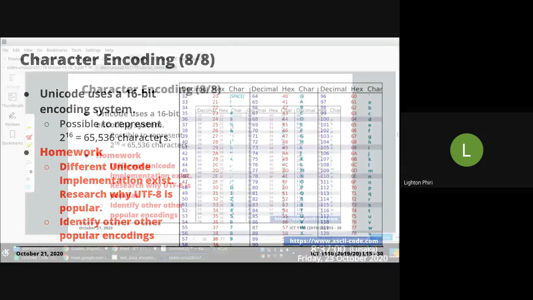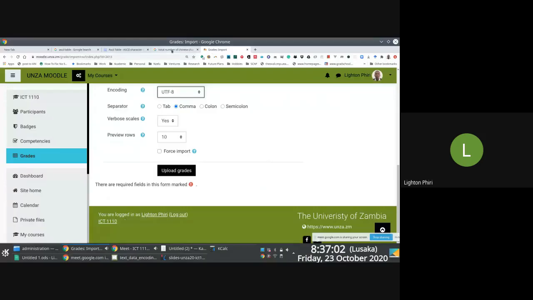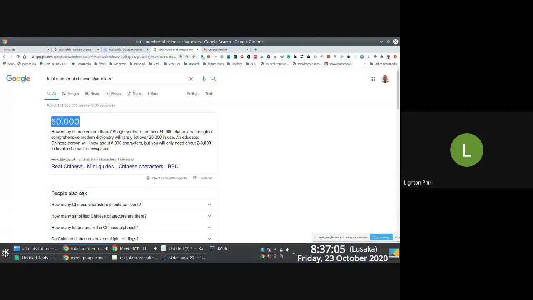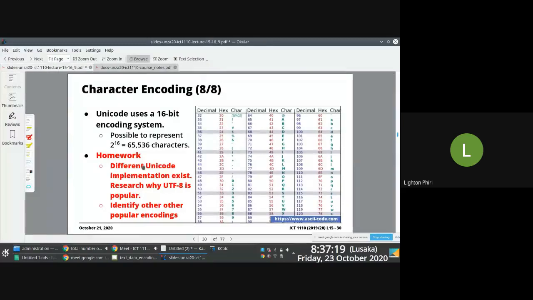Now, if we look at what we had looked up earlier on, you notice that that number of characters would be more than enough to handle. According to these people here, there's 50,000 Chinese characters, apparently. So Unicode would be perfect for that, right?